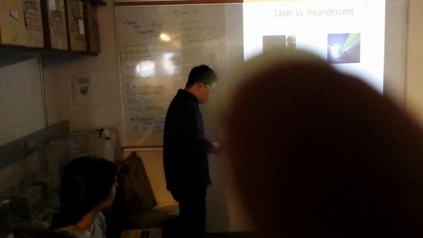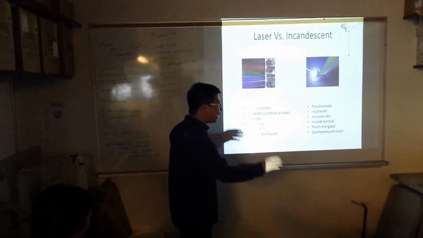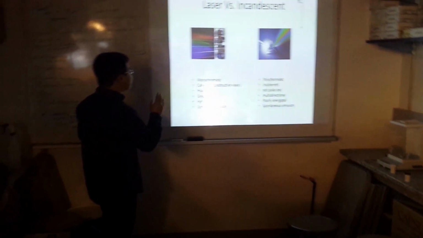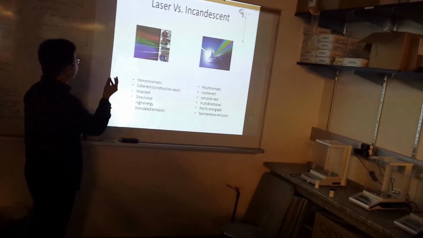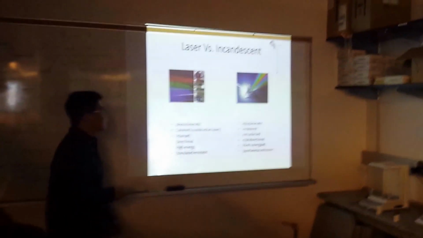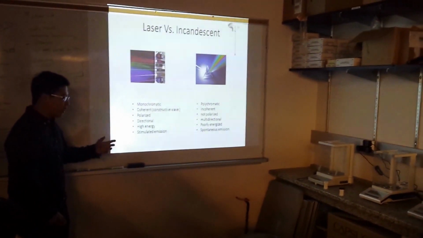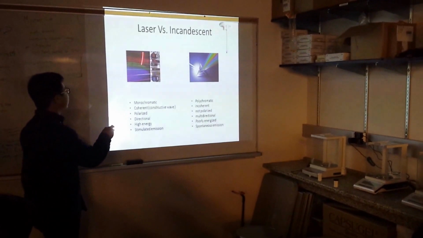Before we talk about the mechanism, I have to address the major difference between incandescent light, the normal light bulb, or sunlight, versus laser. Why is laser different? First off, laser is monochromatic, which means it only emits light at a certain wavelength, as you can see here in the picture.